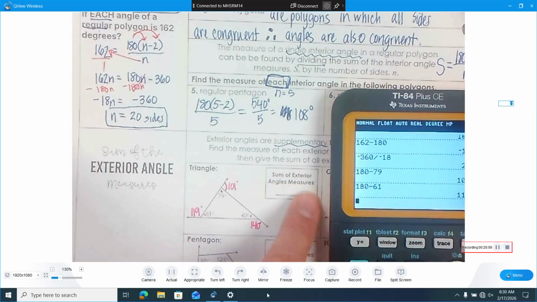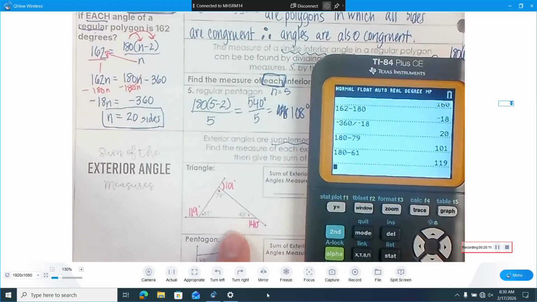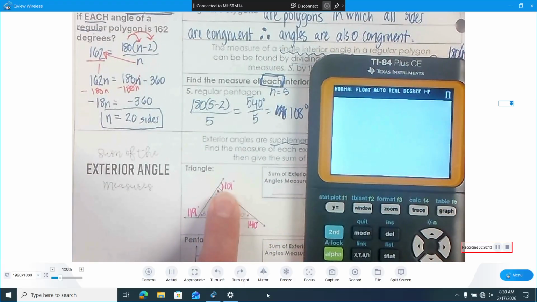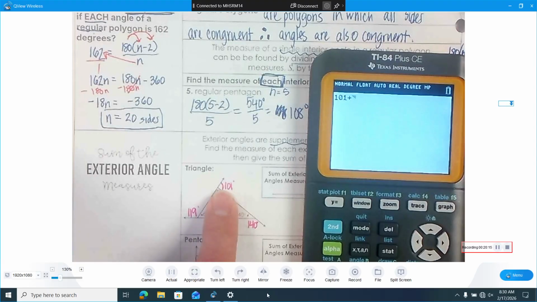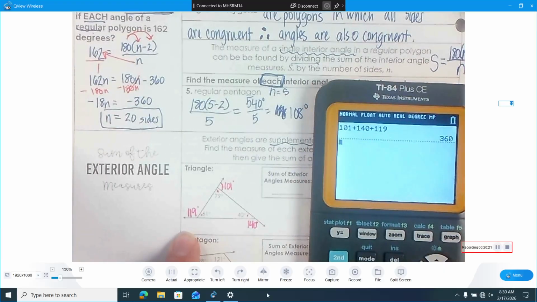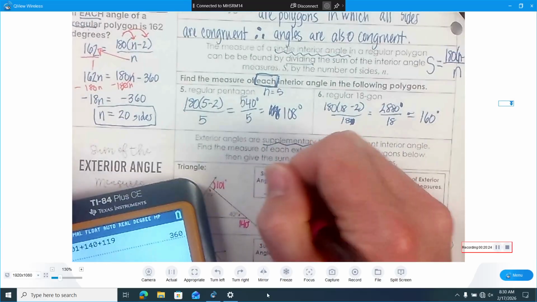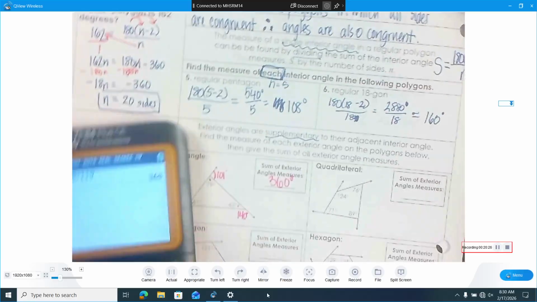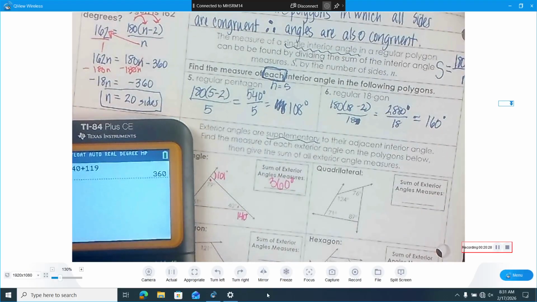What is the sum of those exterior angles? So if each angle has one exterior angle, I want to add them up. So 101 plus 140 plus 119, and I get 360.